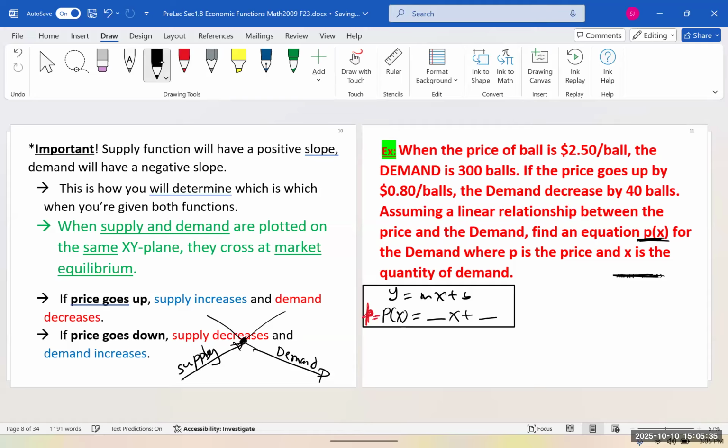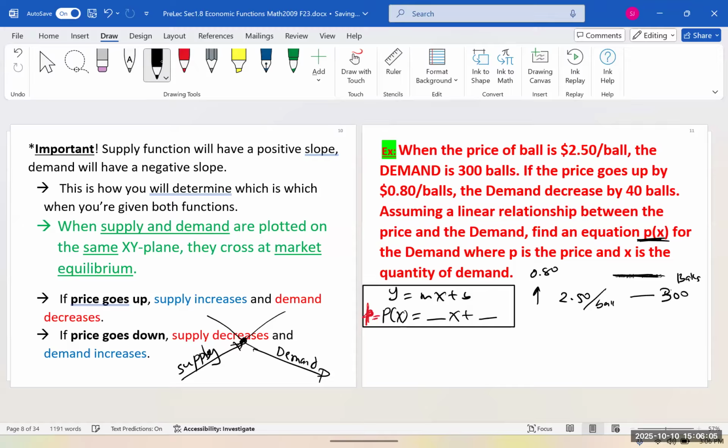So let's see. When the price is $2.50 per ball, we have 300 balls. Now the price is going up by 80 cents. So how much is it per ball now?